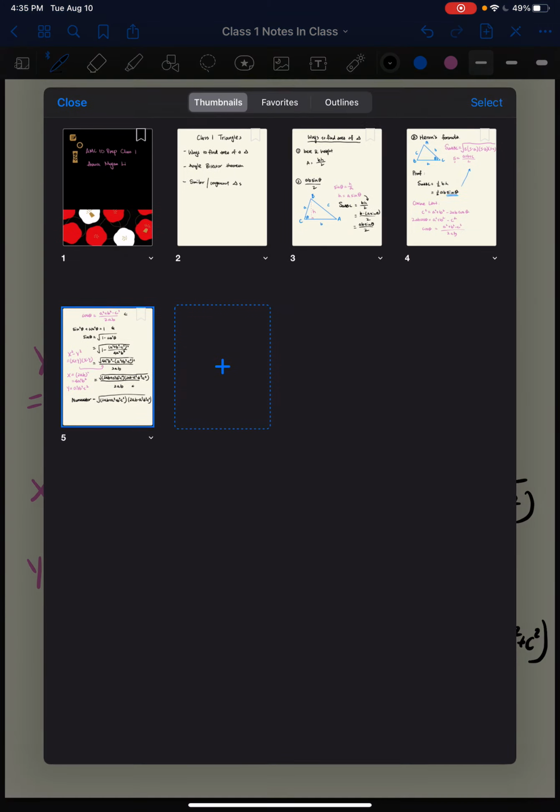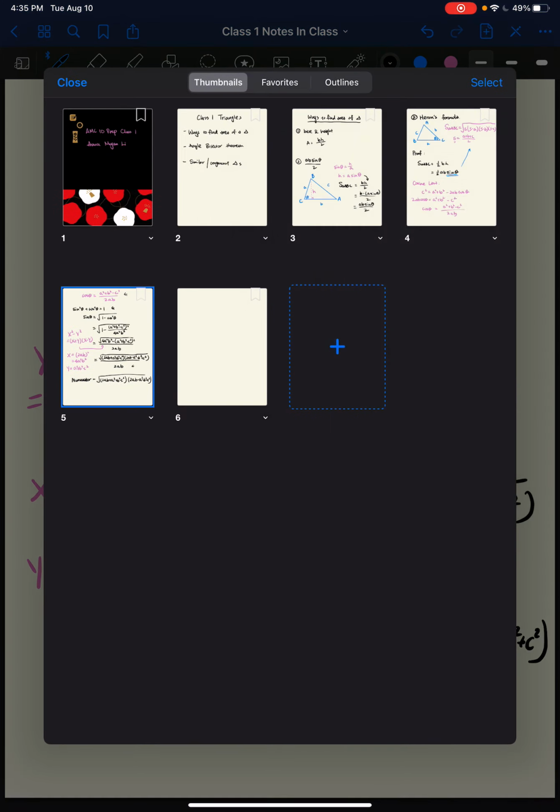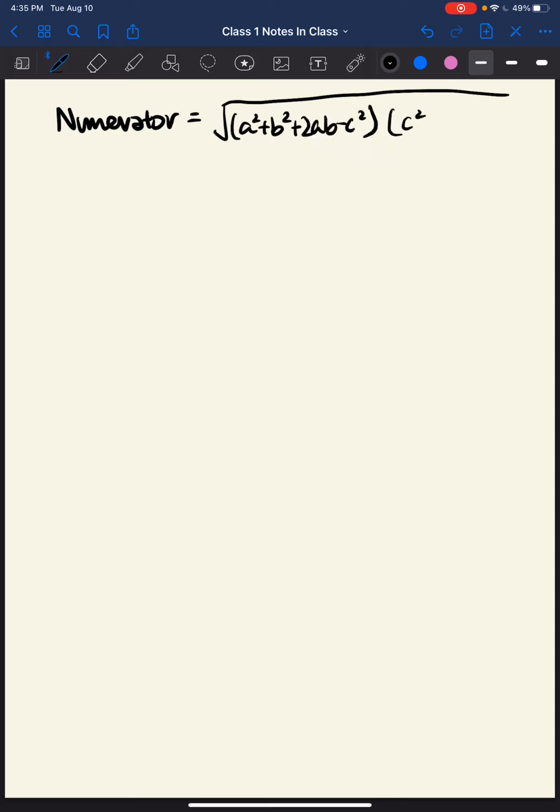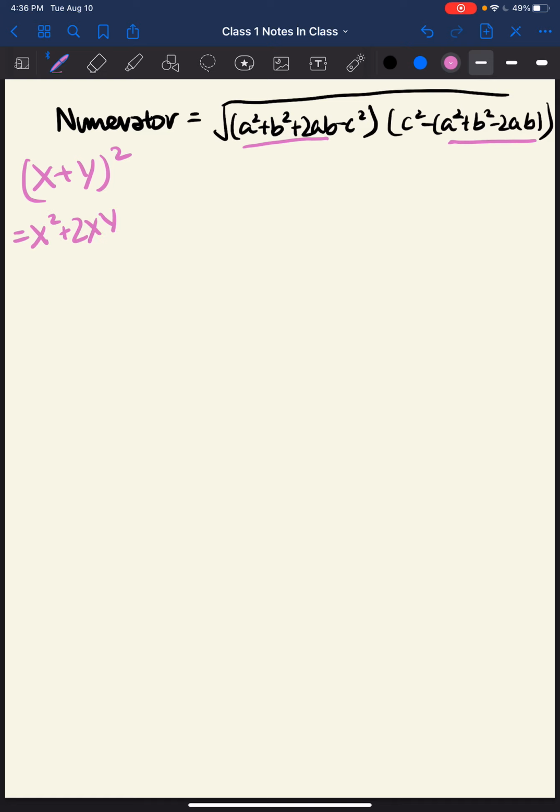And then let's have another page. Okay, the numerator will equal, let me just copy this. Hopefully we can see that if we group these two together, x plus y squared is x squared plus 2xy plus y squared.